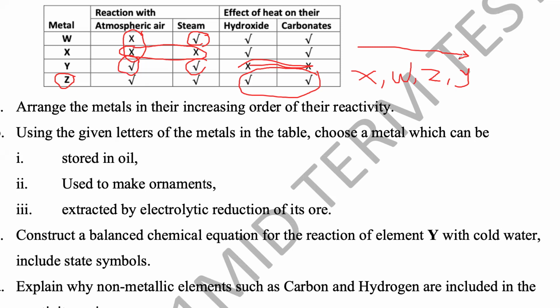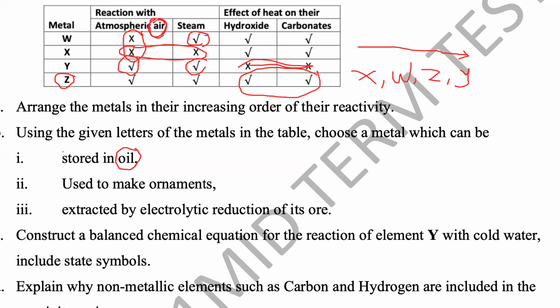Then, because of this trend that they have portrayed, we can definitely suggest which element can be stored in oil. The reason for storing elements in oil is that we want to prevent them from reacting with the air.